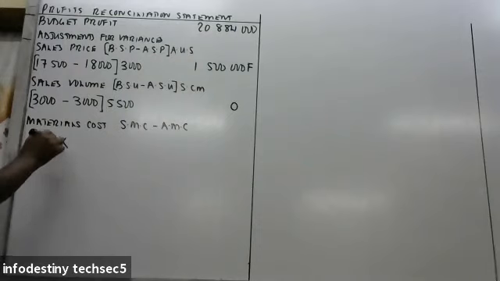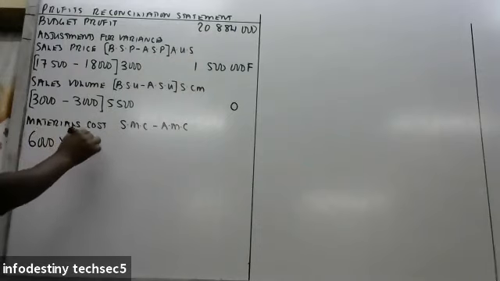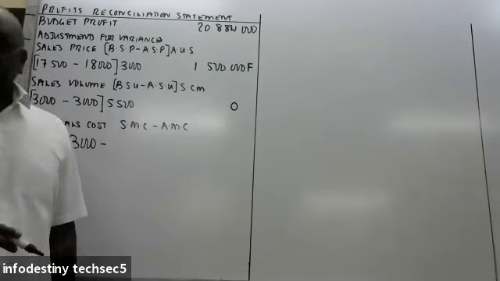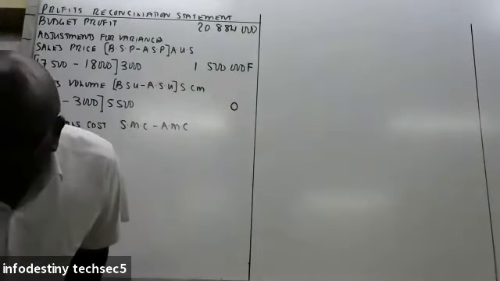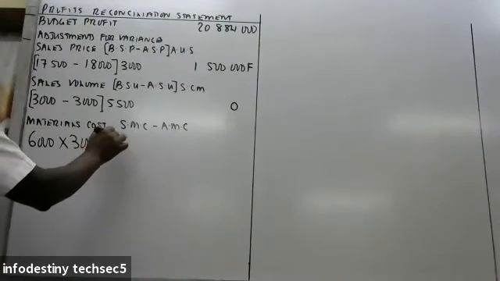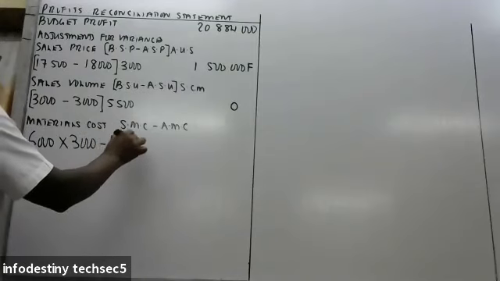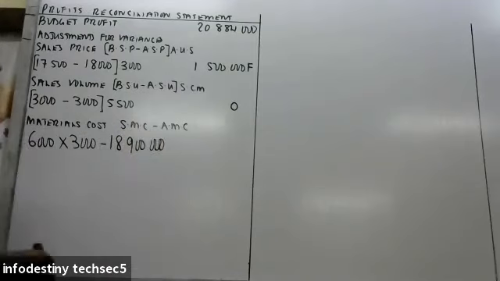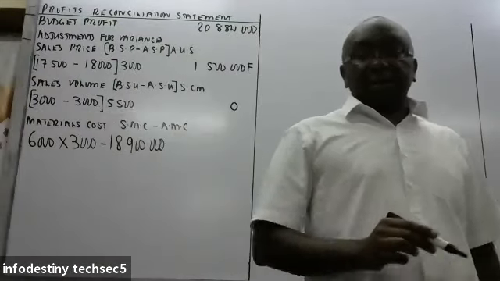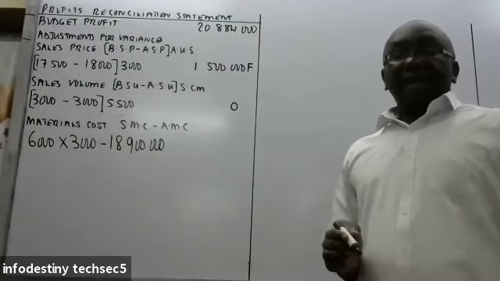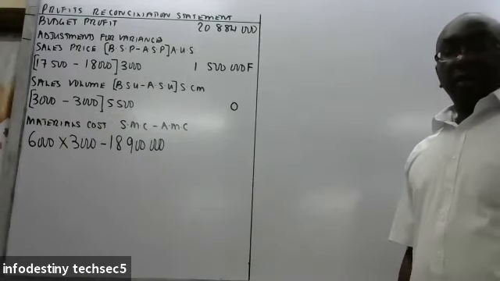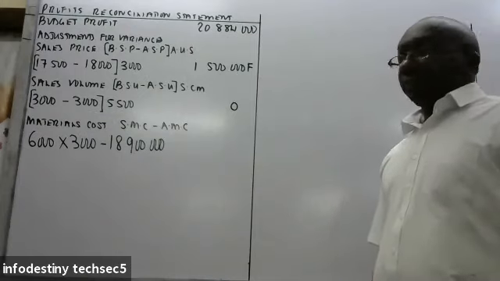If you multiply by the actual printers, 3,000, that gives you the standard costs. Then you go to the actual budget and find that we ended up using 18,900,000. So give me that variance.